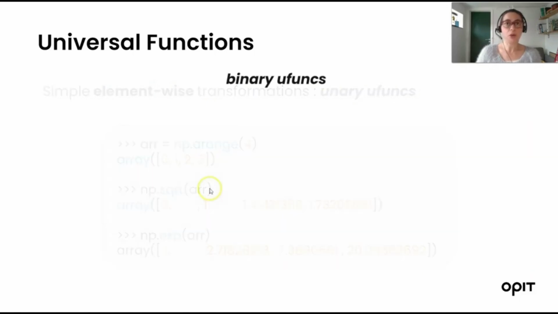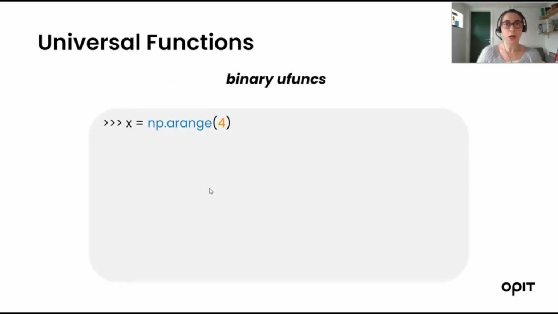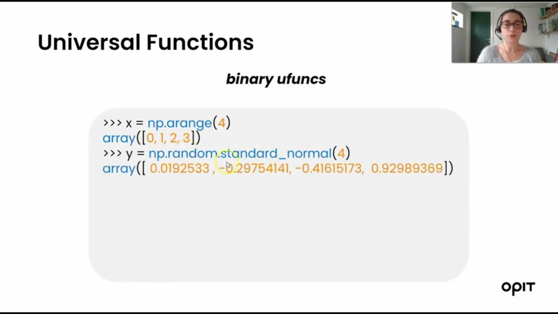Moving on to some binary universal function examples now, assume that we have 2 arrays. Array X is a simple one-dimensional array that contains the values 0, 1, 2, 3. Then array Y, which contains again 4 elements, is again a one-dimensional array, but this time the elements are drawn from the normal distribution randomly, and here's how it looks.